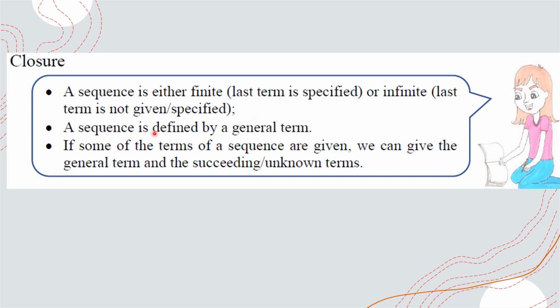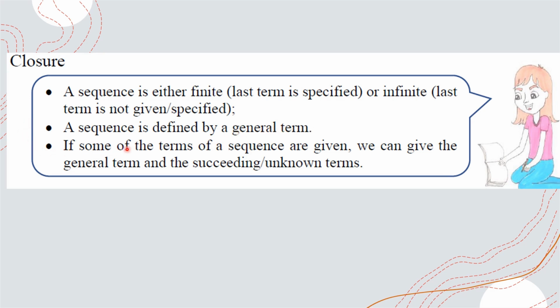A sequence is defined by a general term. Okay, so yung general term nito is the rule to get the terms of a given sequence. So pag ginamit mo yung general term na yan, kahit anong term ang gusto mong hanapin, mahanap mo by using the general term.